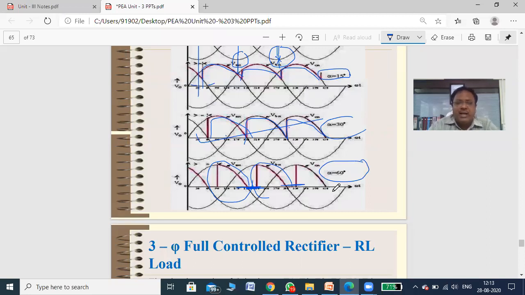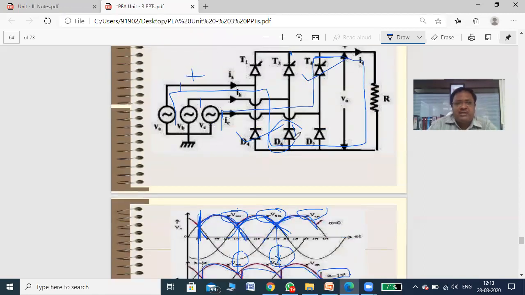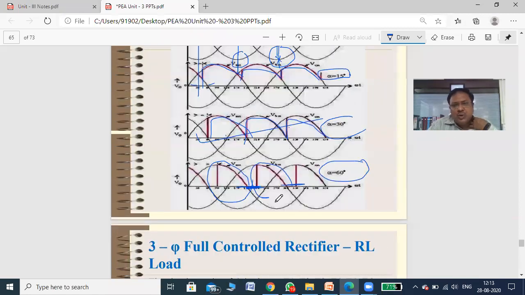So your lamp may be continuously blinking on, off, on, off, likewise. It happens with this particular semi converter. So the output is discontinuous.